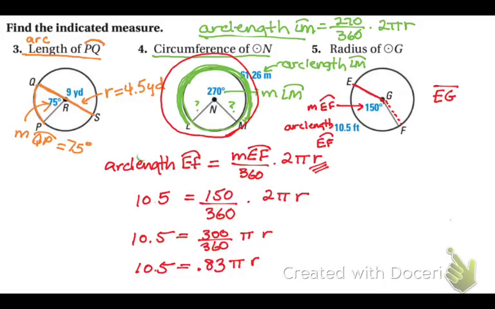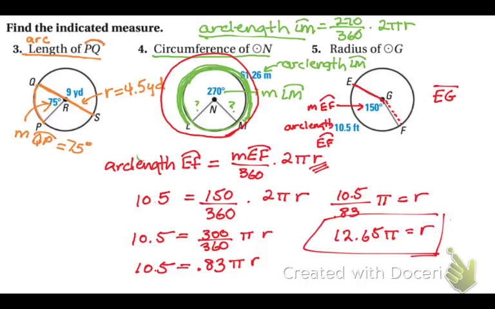We're going to simplify and divide both sides by 0.83 pi. So 10.5 divided by 0.83 pi equals r. Let's calculate this. 10.5 divided by 0.83 equals 12.65 pi equals r. And that's our answer.